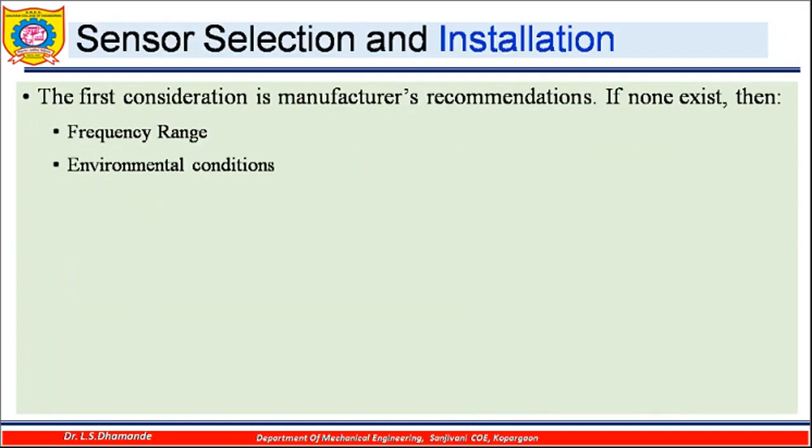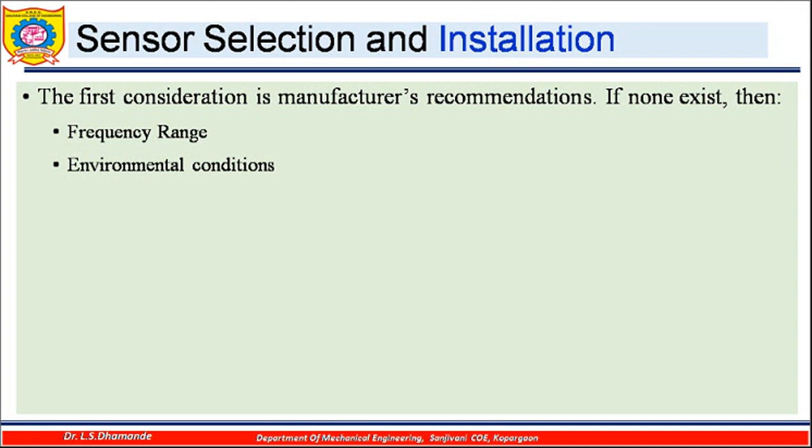So how will you select the sensor and how will you install these sensors on the machine? We will talk about that for 2 minutes and see what guidelines are to be used for mounting and selecting the sensor. The first consideration is the manufacturer's recommendation. Generally manufacturers give recommendations on how to mount a particular sensor and where it can be used.